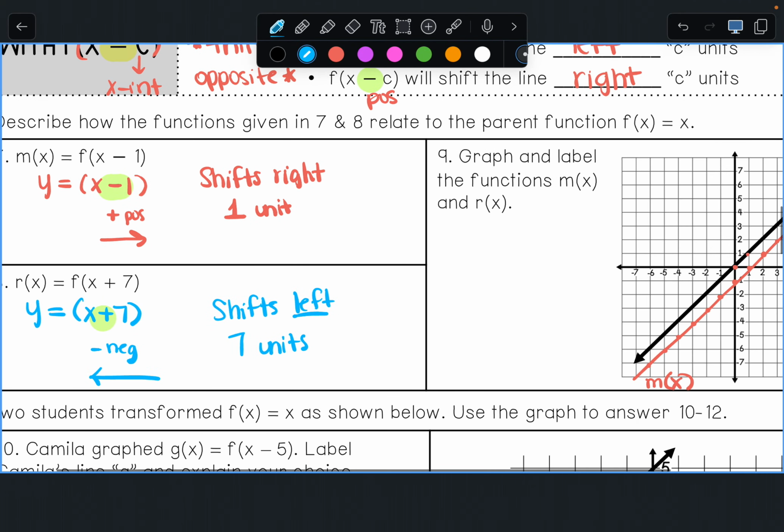So to graph this line, I start at the origin and move it 7 units to the left. Every single point from that line moves 7 units to the left. And that is line R of x.